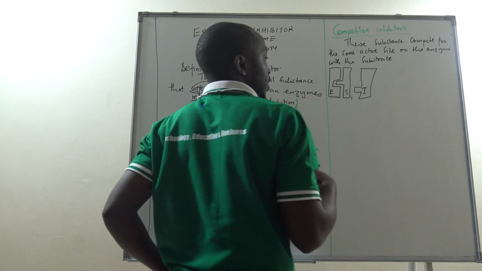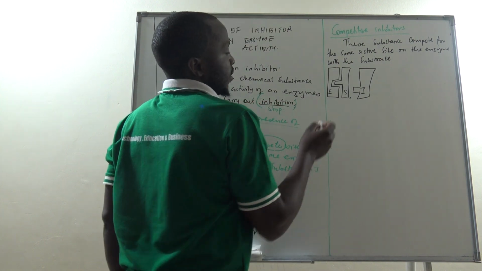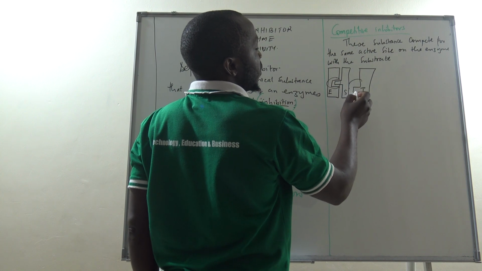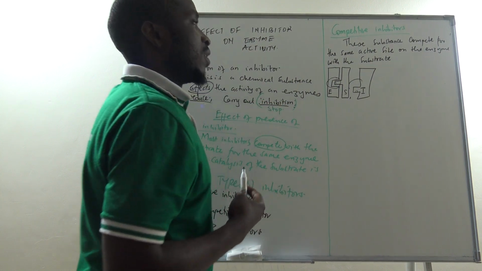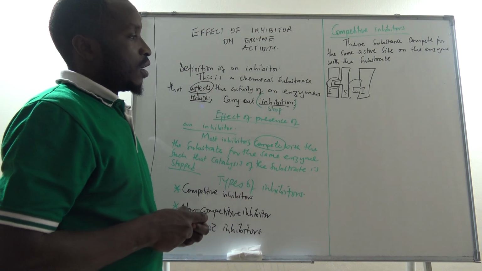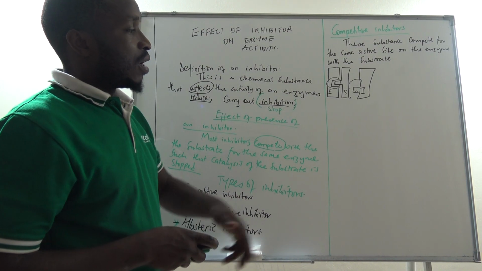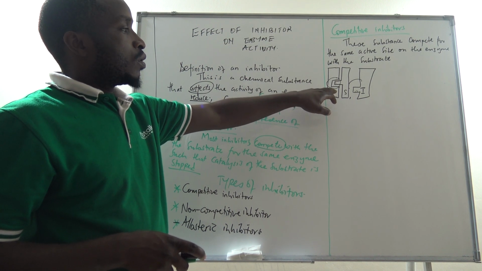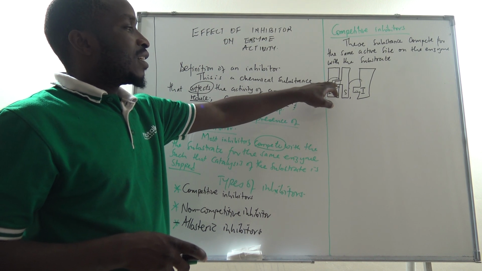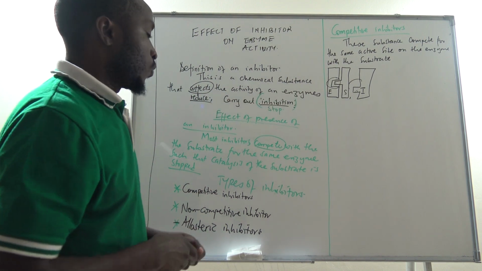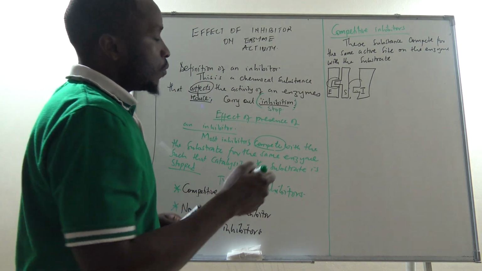So both can bind to the same active site in the same way. In our subsequent videos, we shall know what an active site means and other sites on an enzyme.